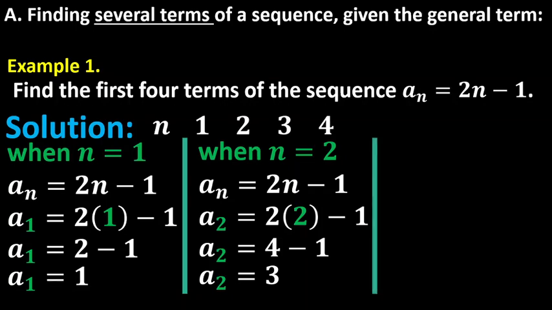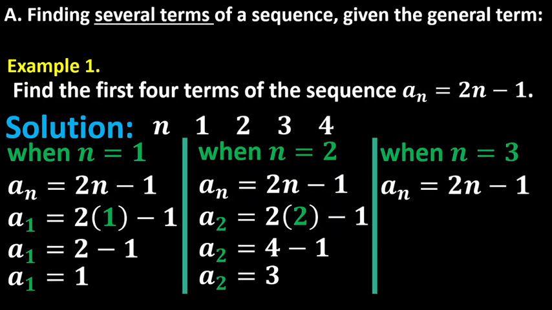Next. Paano yung pangatlong term mo? When n is equal to 3. Again, given the general term, a sub n is equal to 2n minus 1. Substitute all the values of n by 3. Lahat ng n na makikita mo, papalitan mo ng 3. So, a sub n magiging a sub 3. 2n magiging 2 times 3.